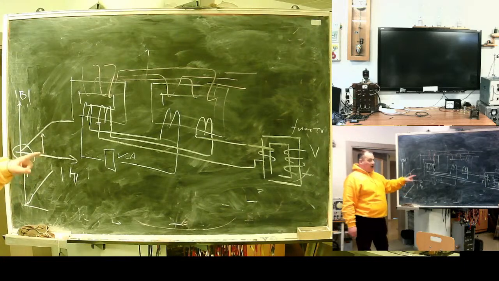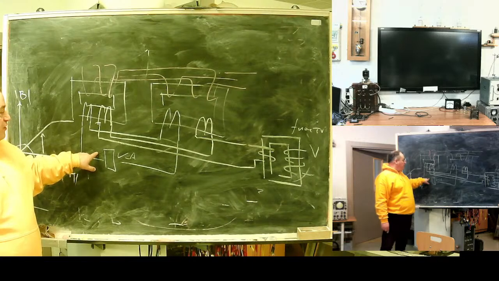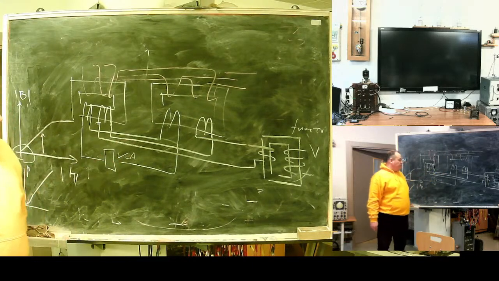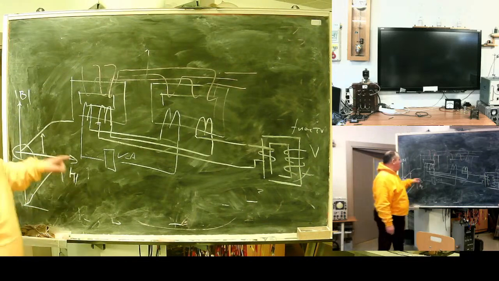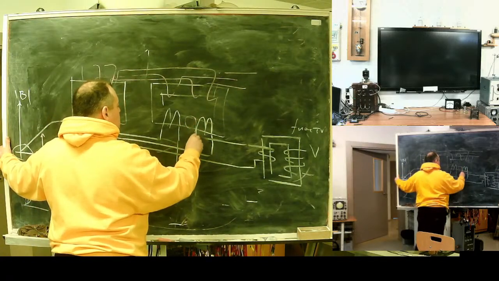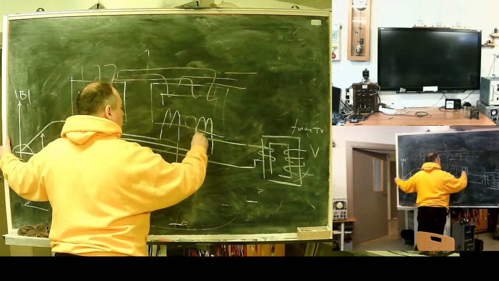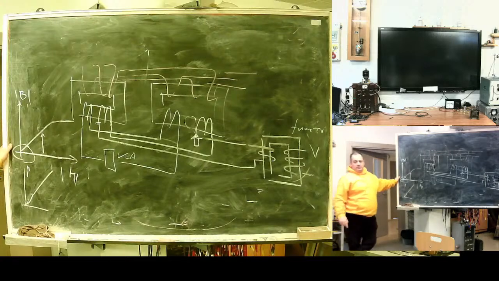But if they are equal, the sum induced by the green winding will be zero. In reality, these are made adjustable. So balance can be set. They can be balanced. It's a very large transformer. Okay, it will fit in this room, but it's very large.